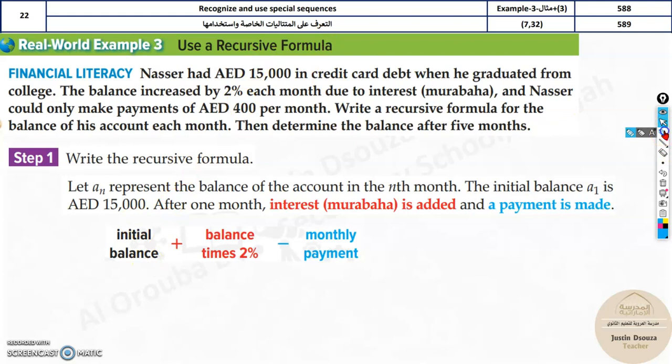This is basically A1, but it's not month one. It is where it started, plus 2% of A1, minus the monthly payment 400. This is very important because the interest adds on to the balance, whereas the payment made is subtracted.